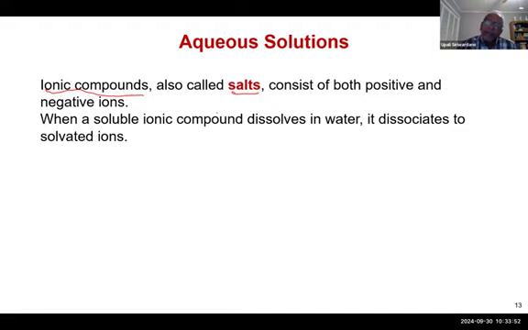We're going to look into the solubility rules to figure out which ionic compounds are soluble in water and which are not. When you mix two soluble salts, the ions break up in the water, and new combinations are formed.